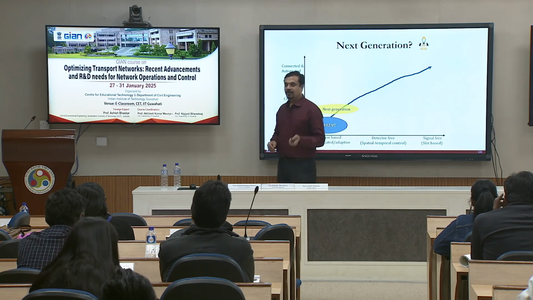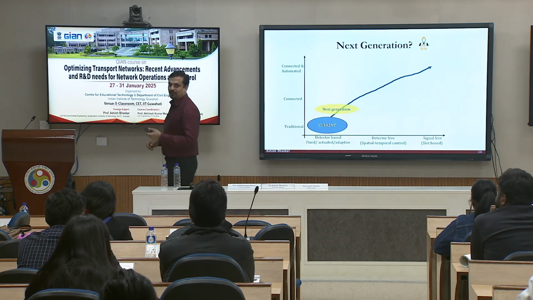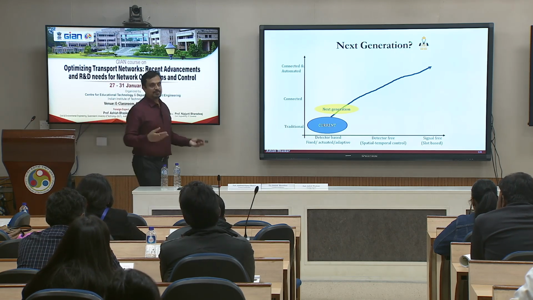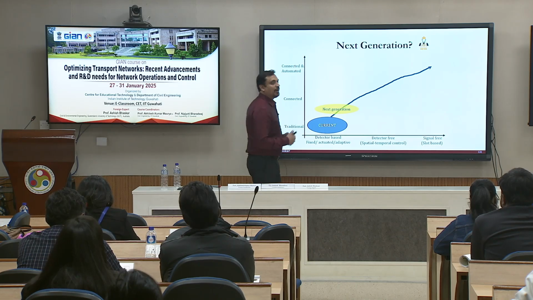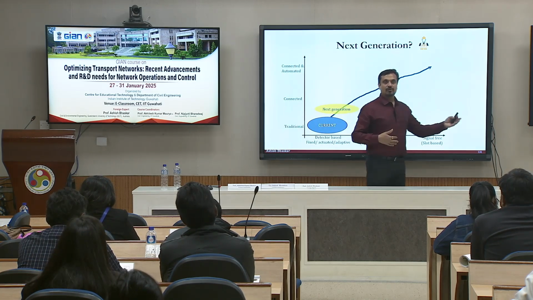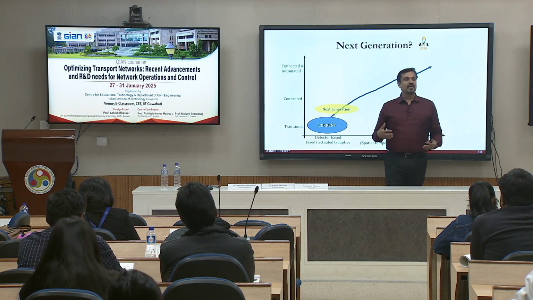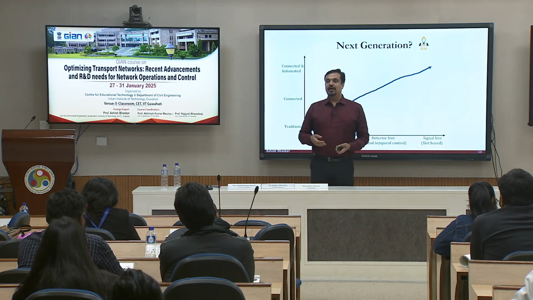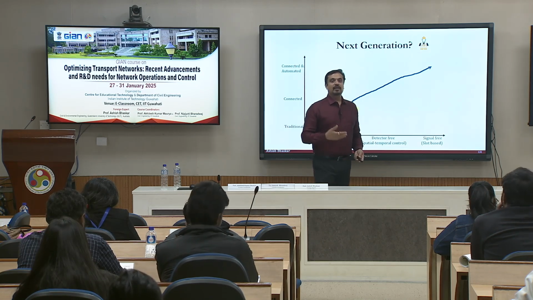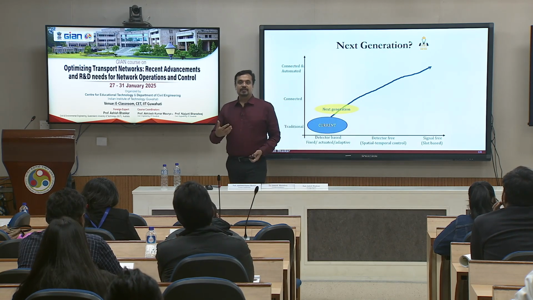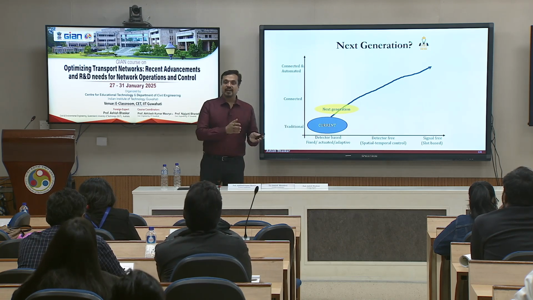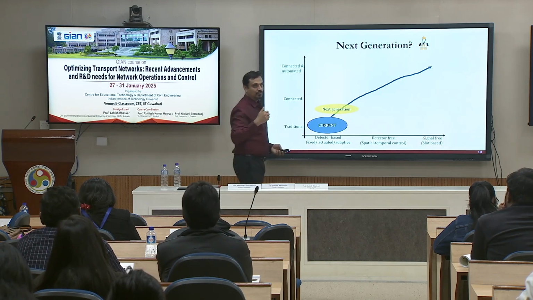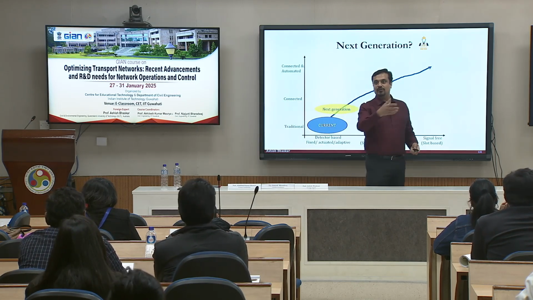So, the point he raised was early cutoff. If we have a fixed time signal specified, but during the early morning time period when the demand is not properly distributed, if I can have some kind of sensing technology that can detect the presence or demand in an approach, and I am able to make an early cutoff, I will be able to reduce the initial delay, or I can delay the onset of congestion, because traffic has to stop a lot because of the way the signals are designed.